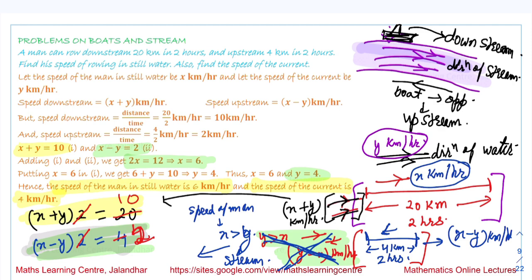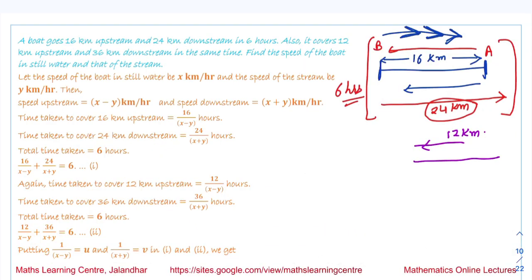Also, it is given that it has moved 12 kilometers upstream and 36 kilometers downstream, and the time taken is the same, 6 hours. We have to find the speed of the boat in still water and that of the stream.